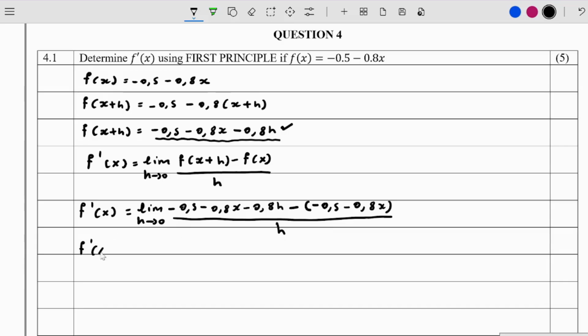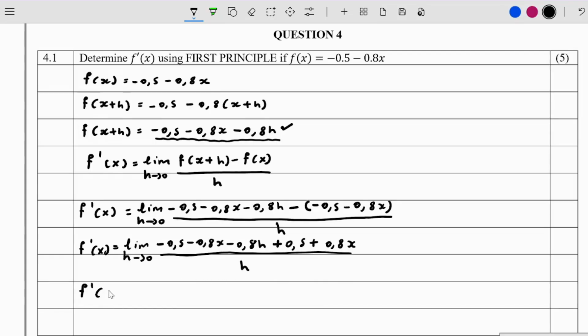Then your f prime of x is equal to the limit of h approaching 0. Then remove the brackets. -0,5 minus 0,8x minus 0,8h. Negative and negative is positive 0,5, positive 0,8x. And then you divide everything here again by h.